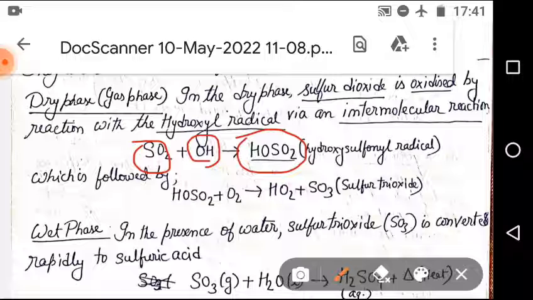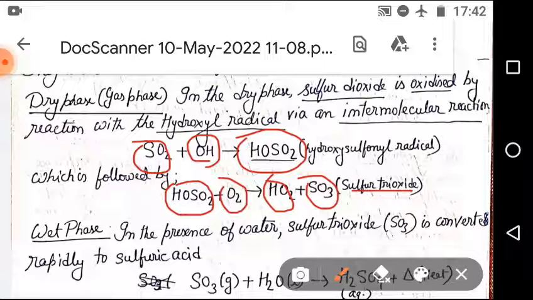This hydroxy sulfonyl radical then interacts with the oxygen present in the atmosphere and forms sulfur trioxide and HO2. Sorry, not water, it is HO2; water will be H2O. Now, if water is not present, this sulfur trioxide will settle down to the ground with the help of dust and smoke. Otherwise they will interact with the water to form acid.